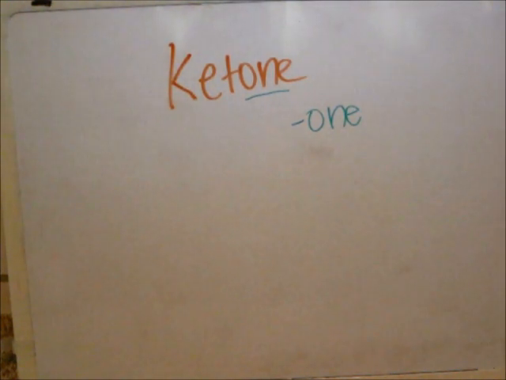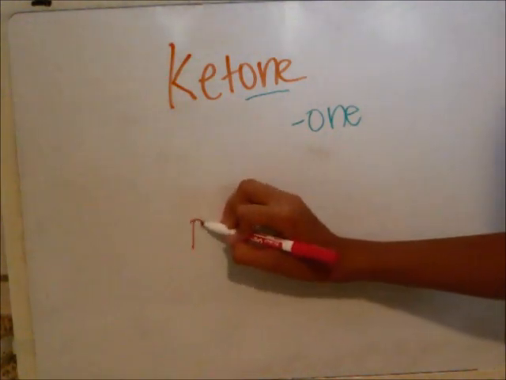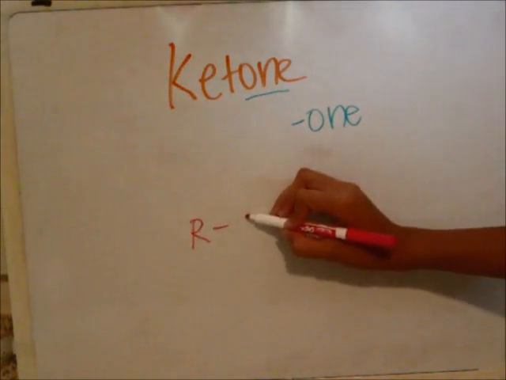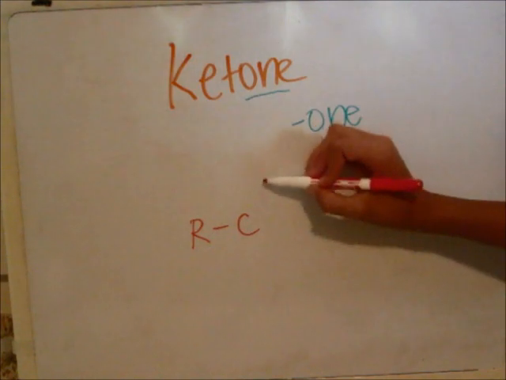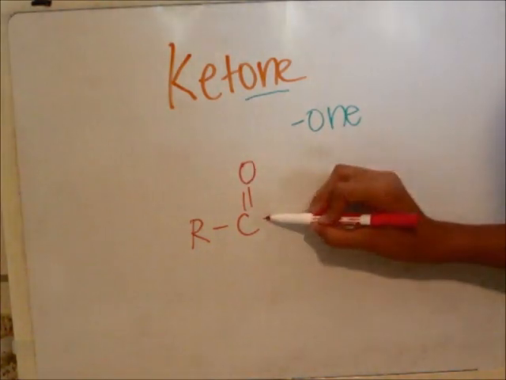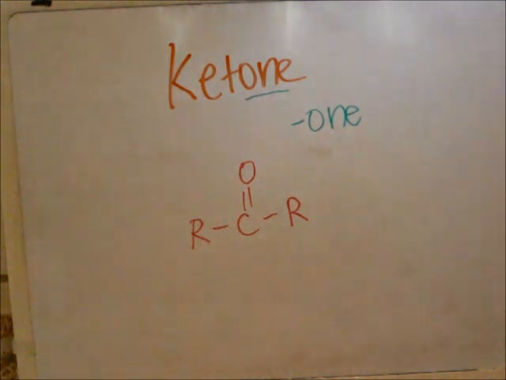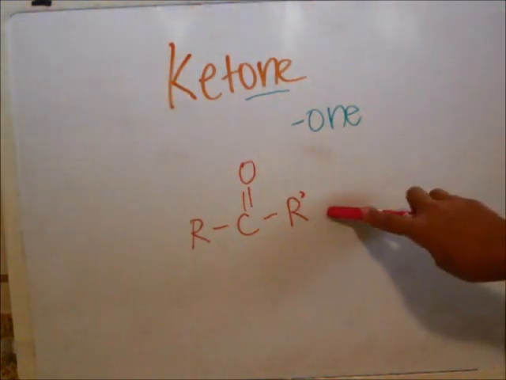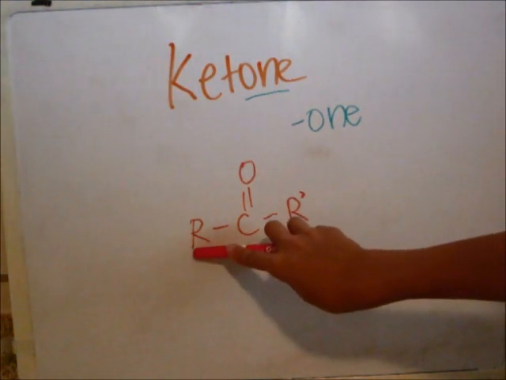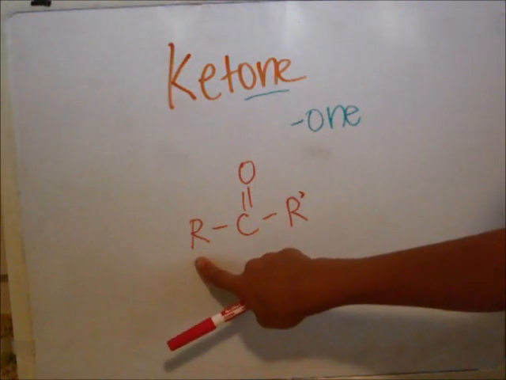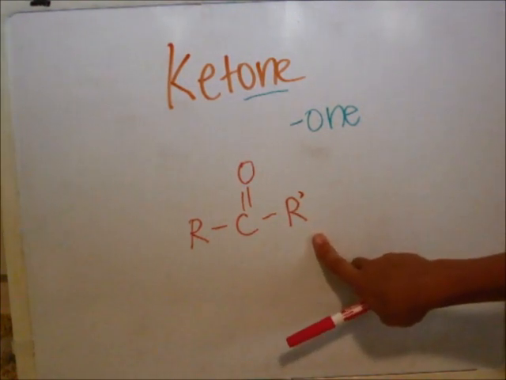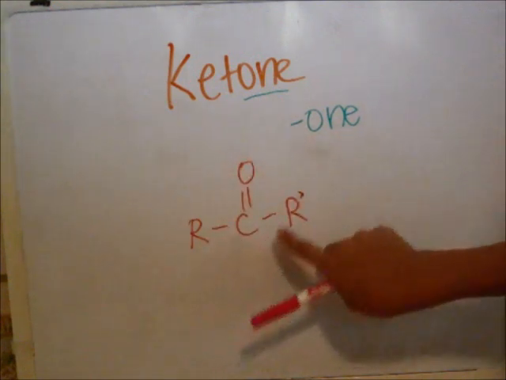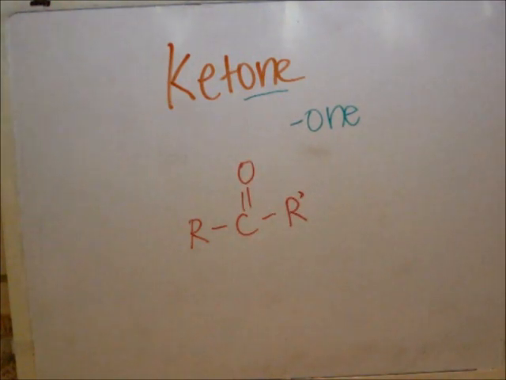The formula is an R, which again is whatever carbon chain we're dealing with, and then just a C double bonded to an O, and another R. And we put an apostrophe here just to show that this doesn't necessarily have to be the exact same R as this. There could be 2 carbons on this side and 3 carbons on that side. But this group always has to go in the middle of the carbon chain, or as middle as possible.